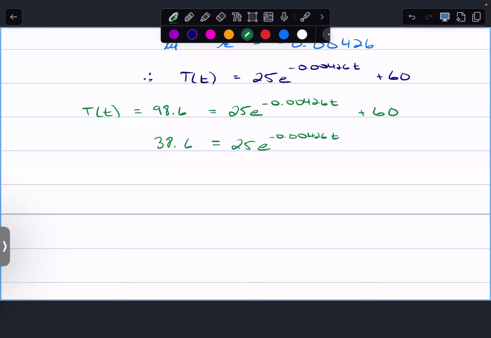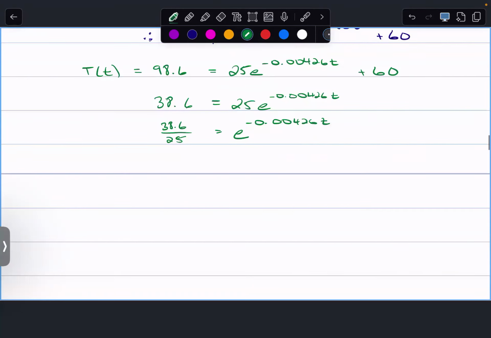Wow. 38.6 divided by 25 is e to the negative 0.00426 times t. And this becomes 1.544, no rounding necessary, is e to the negative 0.00426 t. Notice that we haven't used the value for k in our calculation yet, and so that's why I'm going to be able to compare the rounded value versus the exact value.